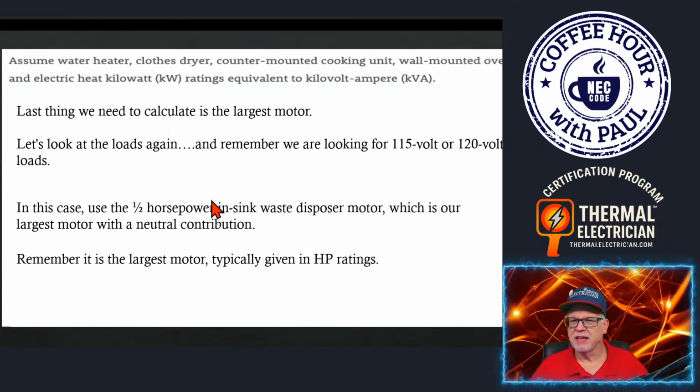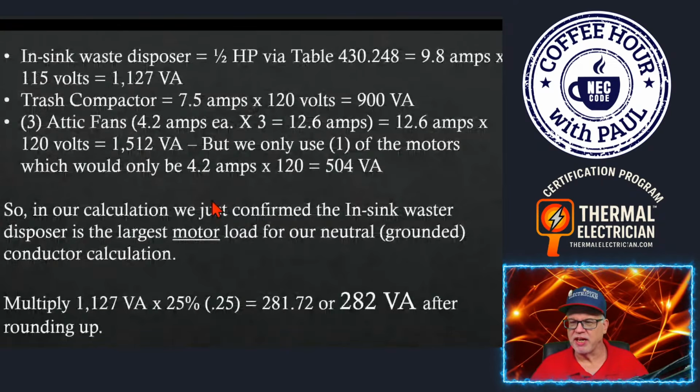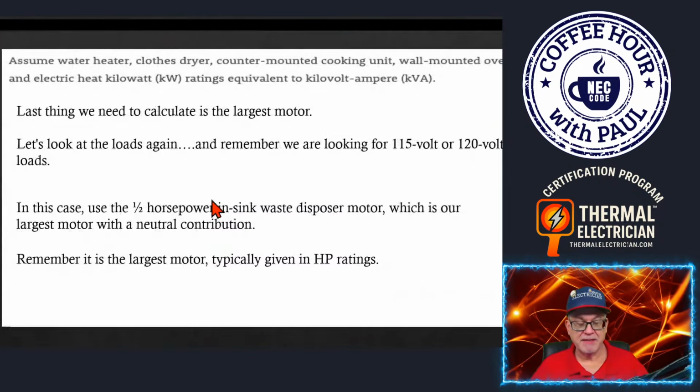Now, you might think you're done, right? And in most cases, most people that get this wrong in our exercises, they forget something. What they forget is you still have to apply the largest motor that's going to have a 120 contribution. Now, in the standard method, we automatically search for that largest motor and we add it, right? We still got to do the same thing for the neutral.